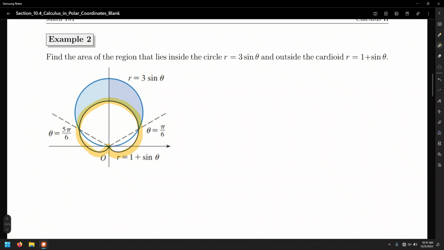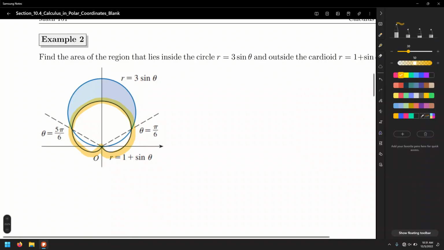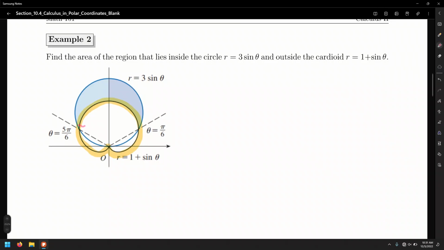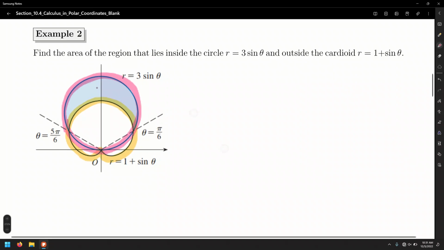So it's outside the cardioid, but inside this circle. Okay, that is the shaded region in blue. Again, they're being really nice and giving us the limits of integration in this case. However, some weirdness is going to occur in this case.